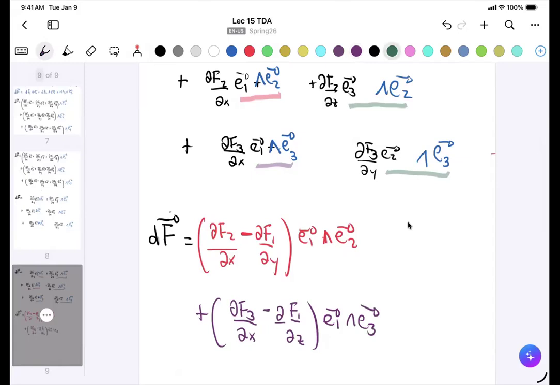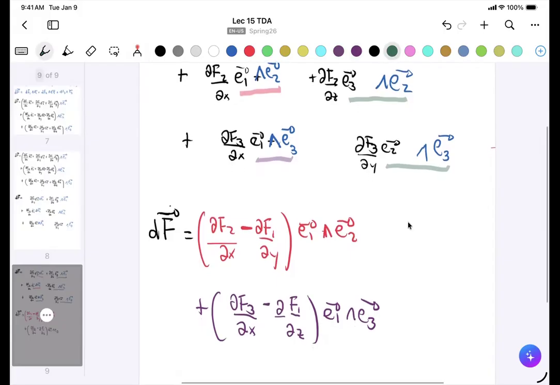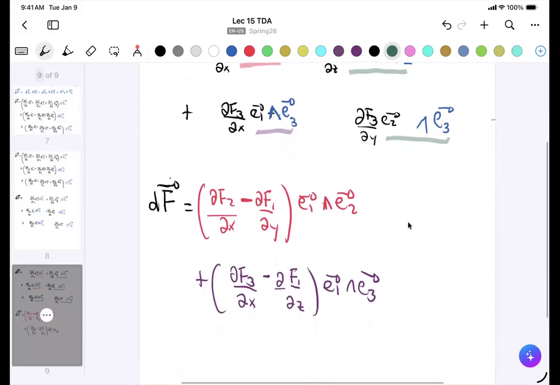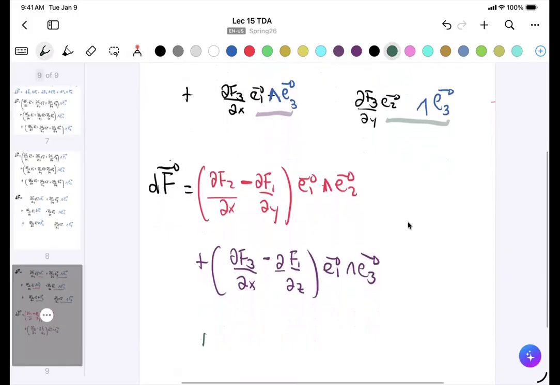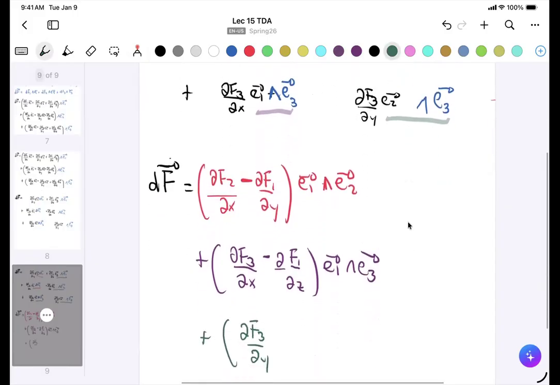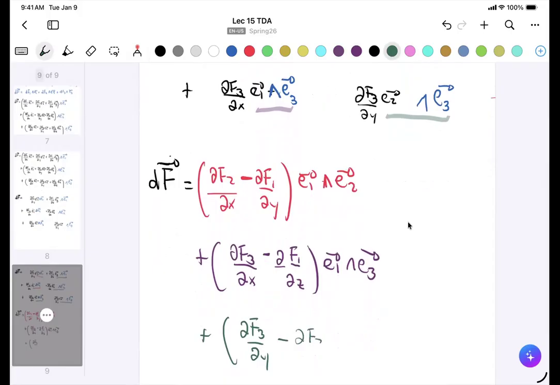And the last one is the derivative of f3 with respect to y minus the derivative of f2 with respect to z, and that is E2 wedge E3.